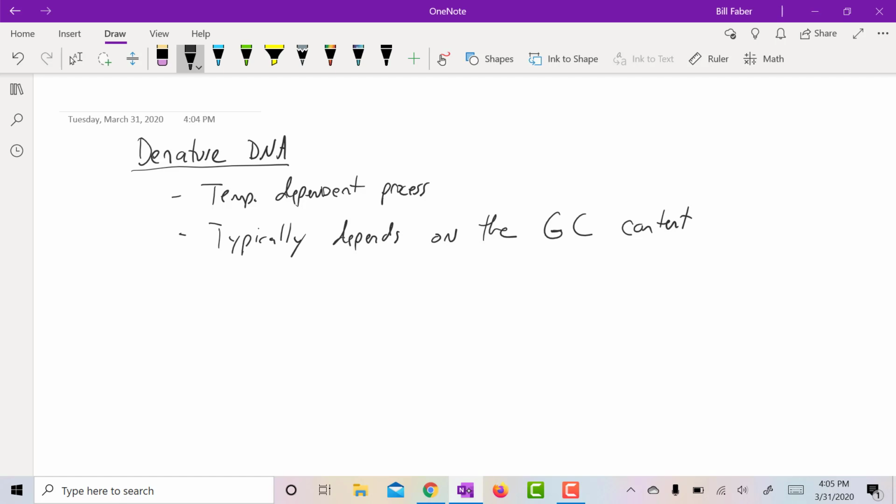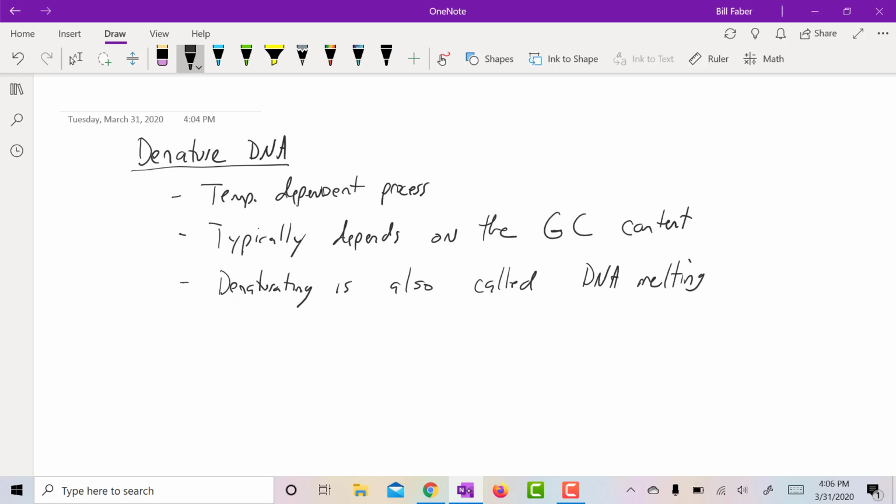Your body knows how to open up and close DNA without denaturing the whole thing. So this is sort of an experimental thing that we do in the lab if we wanted to denature. It also is called the denaturation process. Is also called DNA melting, which I don't love, but it is what it is.